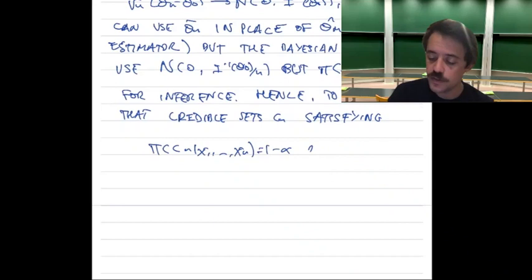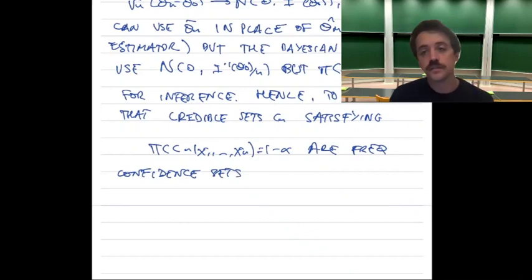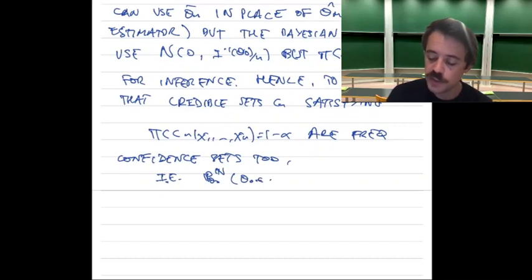And if we want to check that they are frequentist confidence sets, and again, I remind you that this means that the probability under theta naught, the correct probability measure, of theta naught being in the C_n has to be equal to, or at least converge to, 1 minus alpha as n goes to infinity.